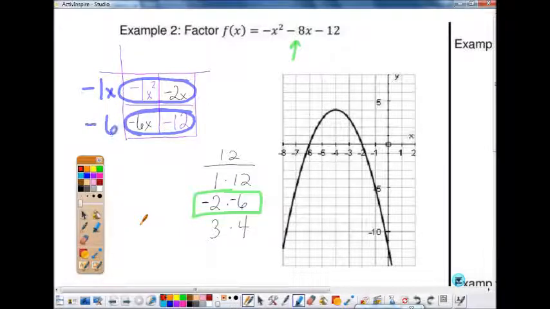So now let's look at the first column. Let's go up and down. What do both of these have in common? Well, both of these have negatives in common, but I'm going to go ahead and leave that negative out because if you look at your answer here and you go backwards, I need one of these factors to be positive and one to be negative so that I get a negative 1x squared on the inside.